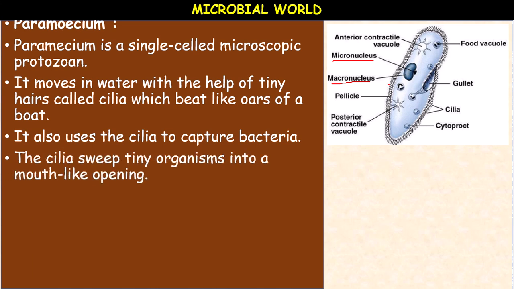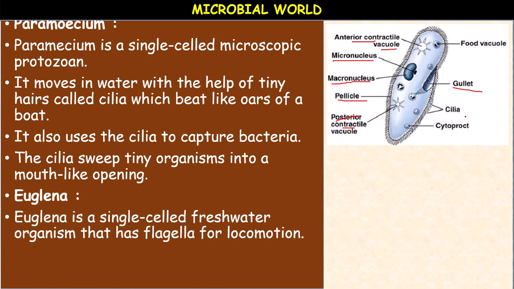The cilia sweep tiny organisms into a mouth like opening called the gullet. And this is the food vacuole, and it also possesses the contractile vacuole because it is also a freshwater protozoan. The body wall is the pellicle or plasma membrane. Though it is a single cell, all the functions are carried out by the single cell, like digestion, respiration, excretion, reproduction, etc.